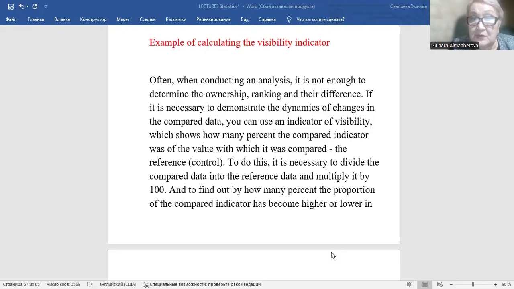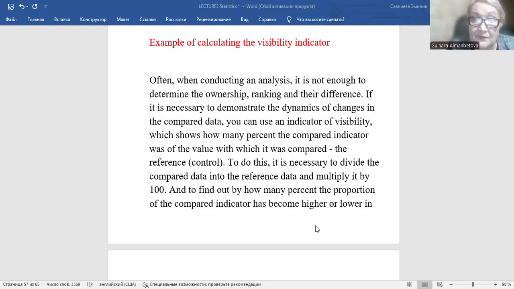If it is necessary to demonstrate the dynamics of changes in the compared data, you can use an indicator of visibility, which shows how many percent the compared indicator was of the value with which it was compared, the reference. To do this, it is necessary to divide the compared data by the reference data and multiply it by 100.